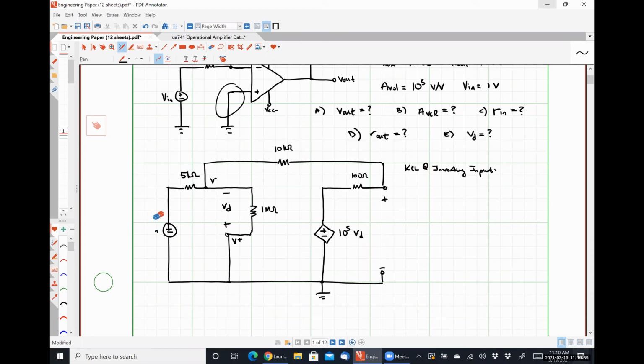And just as a quick aside, I'm going to replace Vn with its actual value of 1 volt. So my currents leaving my inverting input terminal are this guy to the left, this guy up and to the right, and then this guy to the right.